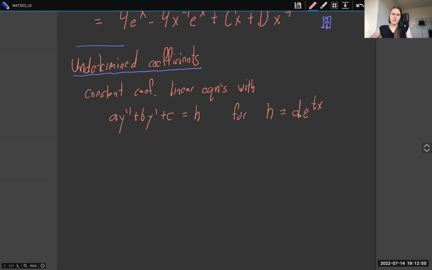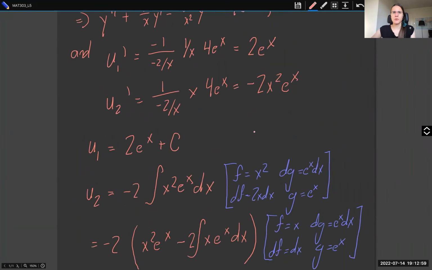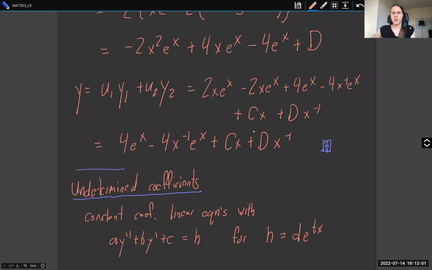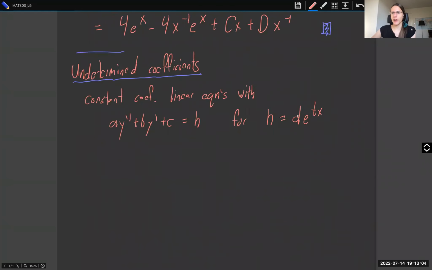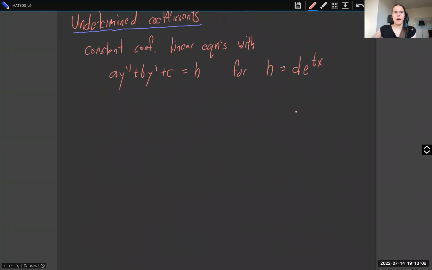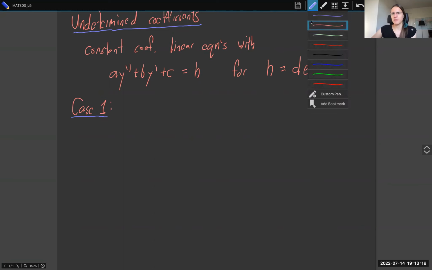So if it's something very simple, then we're going to be able to find things basically by special cases. So instead of going through this very long process that we saw above, in certain cases, we'll just be able to do it, and I'll tell you when it works in general. Case one. And usually they cover this method before they cover the other method. But I thought it would be good to do the general method first and then just do some special cases which can be easily solved later.